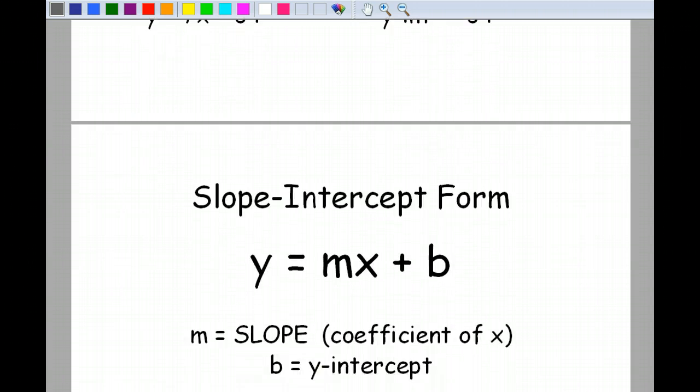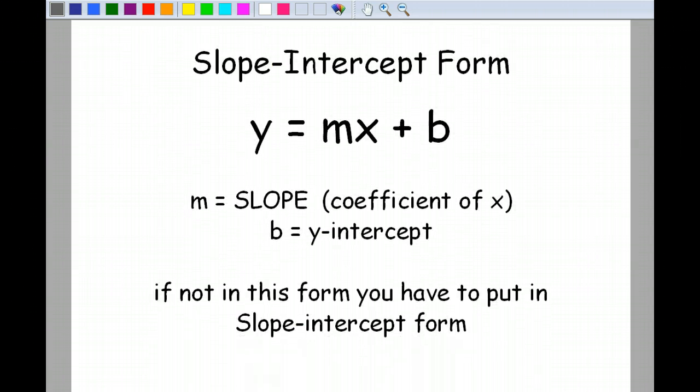So these are the answers again. Now when we talk about slope-intercept form, that means I have an equation in the form of y equals mx plus b. This is why it is so important that you can rearrange an equation to isolate y. Because if you can isolate y and get it in this form, it gives you a lot of information.